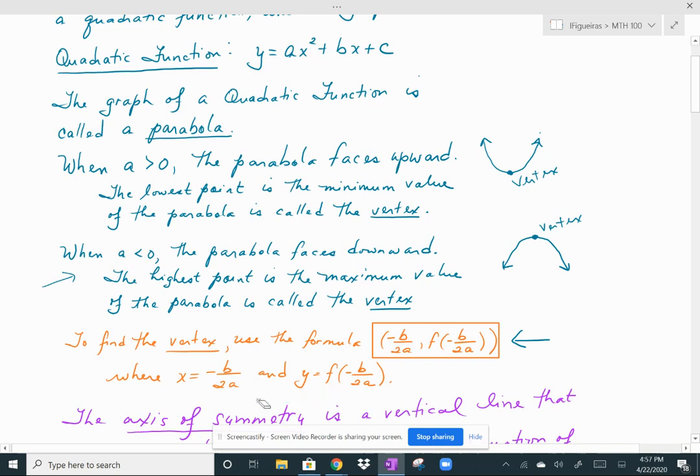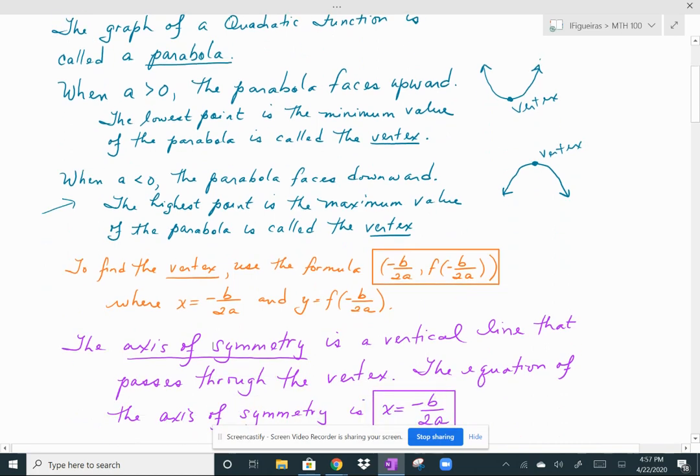Okay, so in addition to a vertex, which again is a very important point to find, you're also going to want to keep in mind something called the axis of symmetry. For convenience, sometimes I abbreviate this as AOS, so I don't have to keep writing axis of symmetry. An axis of symmetry is a vertical line that passes through the vertex.